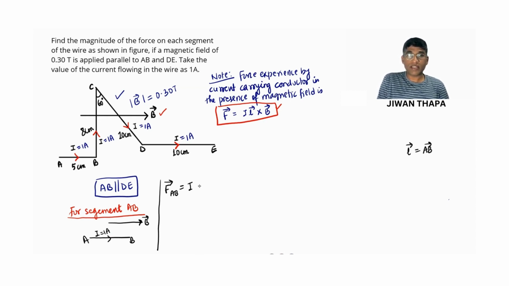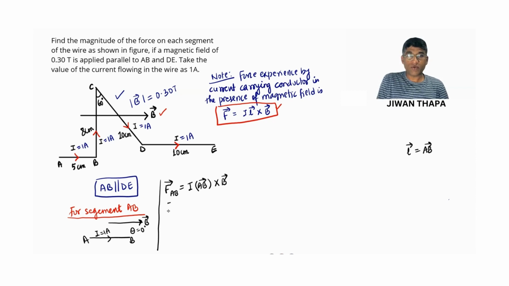So I'm writing in this way. Clear? Cross magnetic field. So we have this. Now what we find? The angle between vector AB and magnetic field is 0 degree.